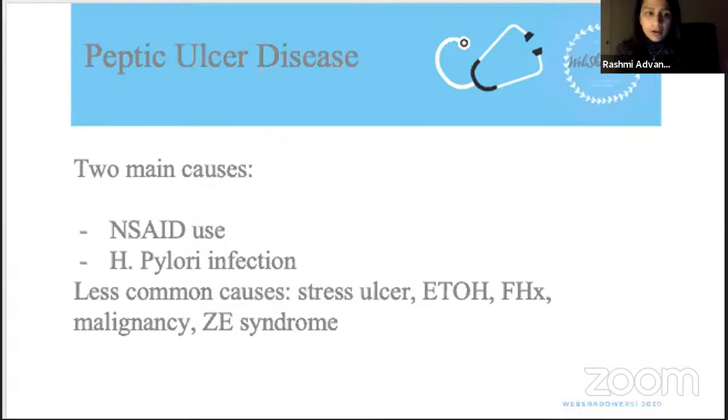But other potential causes are stress ulcers, alcohol use, family history, malignancy, and something called Zollinger-Ellison syndrome. But the main ones I definitely want you guys to try to remember are NSAID use and H. pylori infection.